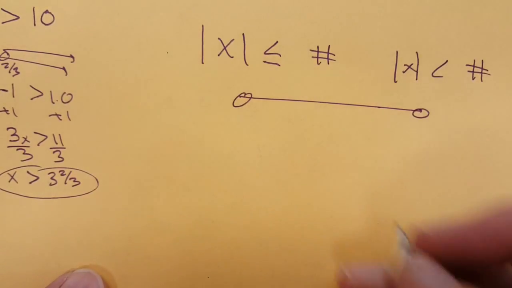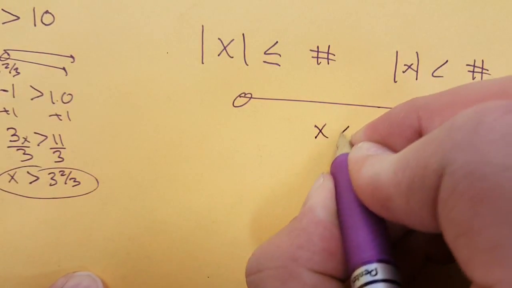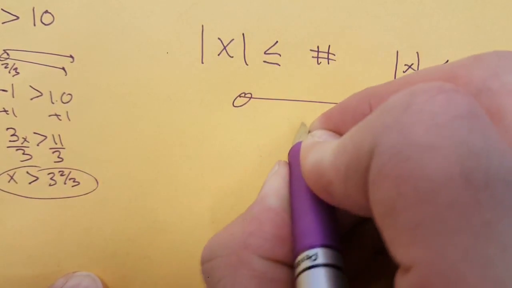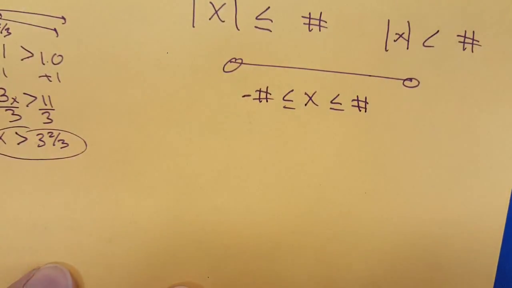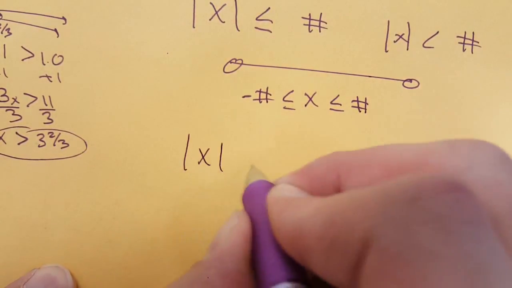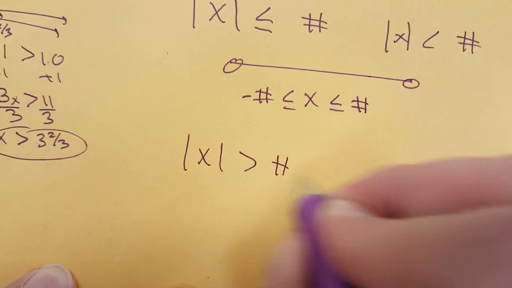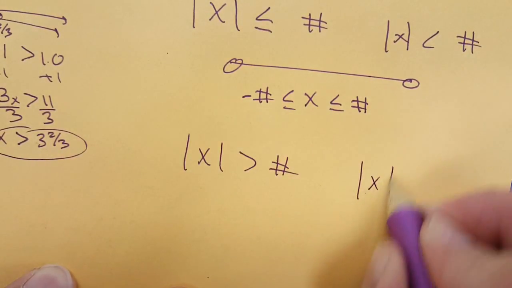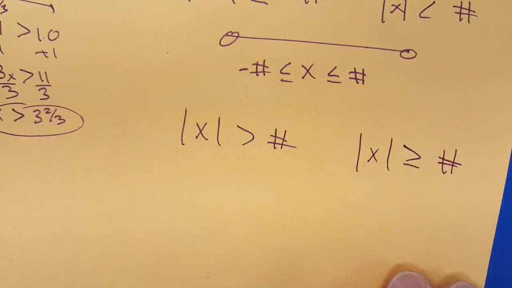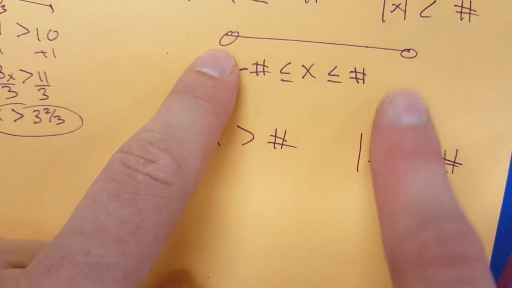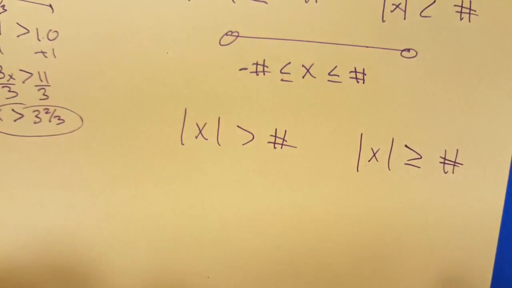How do you make an interval? Well, it's going to be x in the middle, less than or equal to a number, less than or equal to the negative number. When you see a greater than, if you see x is greater than a number, or if you see x is greater than or equal to a number, the only difference really is the type of dots you use. Mathematically, that's the only difference, is the graphs.